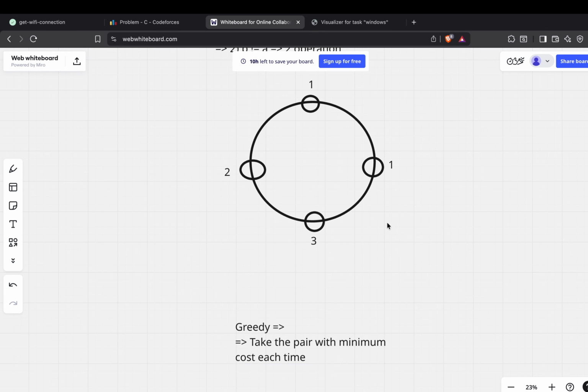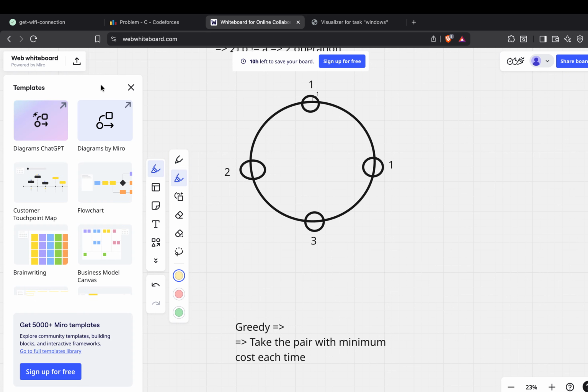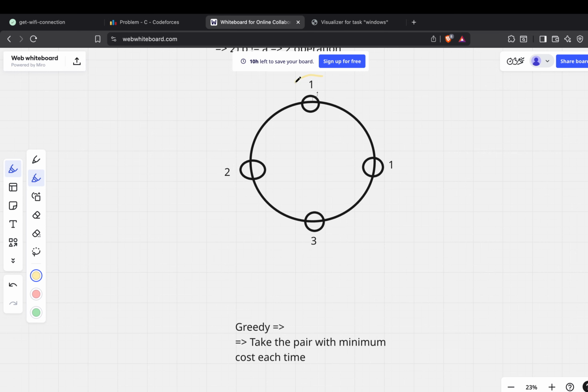Okay, let's analyze this idea. Let's say this particular one and this particular one are the nodes with minimum cost, because the max of both of them is 1 itself, which is the minimum cost required.